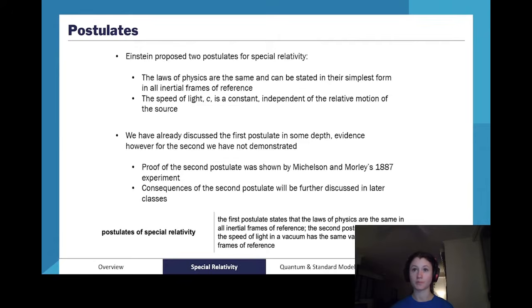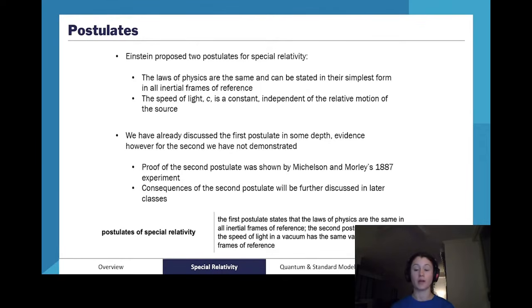What this essentially means is that the laws of physics are the same in all frames of reference that are not accelerating. An inertial frame of reference is one that is not changing speed or not changing direction. Or in other words, it's not changing velocity.